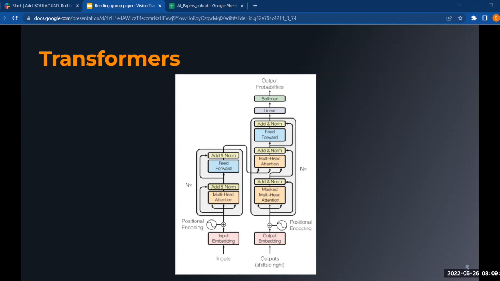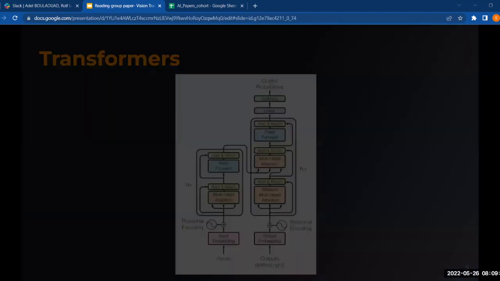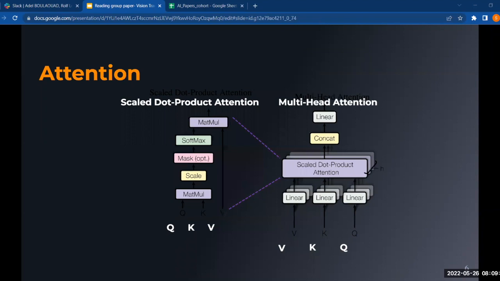Now let's take a deeper look into the multi-head attention model. The input of this phase is query Q, key K, and value V. We get each one by multiplying the input, which is, as in the previous example, I want a dog, by the weight matrix for each one. So the weight matrix for Q, the weight matrix for K, as well as the weight matrix for V. We then pass each one through a linear layer and a scaled dot product attention.